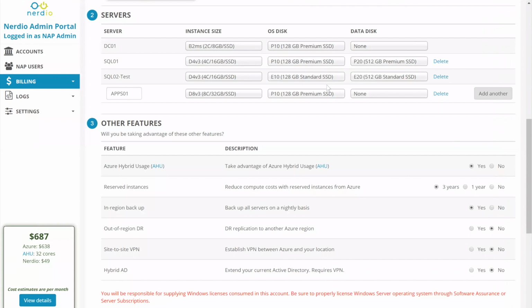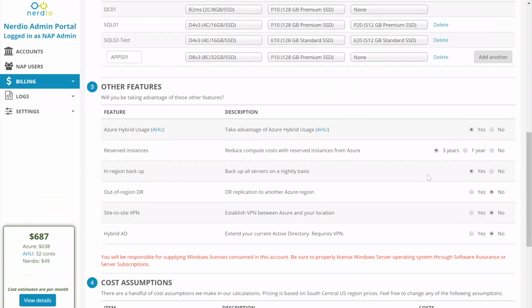So taking all of the data on all of these servers, which is going to be 50% of the total capacity of all the disks, and looking at 2% daily delta, which is about 60% monthly delta on that data, is going to be your estimate of how much storage is going to be used. So again, calculating that manually, pretty difficult, certainly doable in the spreadsheet. All you have to do here is just change this from no to a yes, and it will calculate that cost for you.